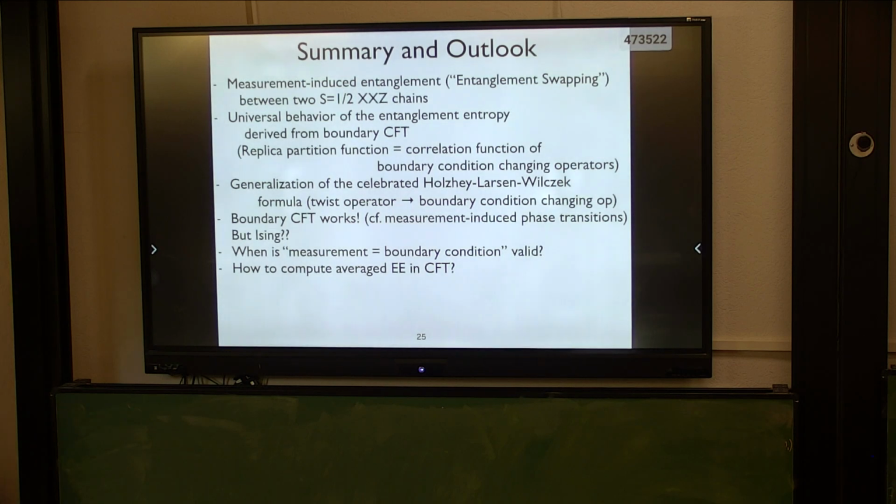And there is a universal logarithmic behavior of the entanglement entropy, which we can derive from boundary CFT. This is kind of easy once you understand how to relate it to the finite size scaling of the ground state energy, as in the more standard entanglement entropy within CFT. So for this kind of problem, boundary conformal field theory works well, at least in this case.